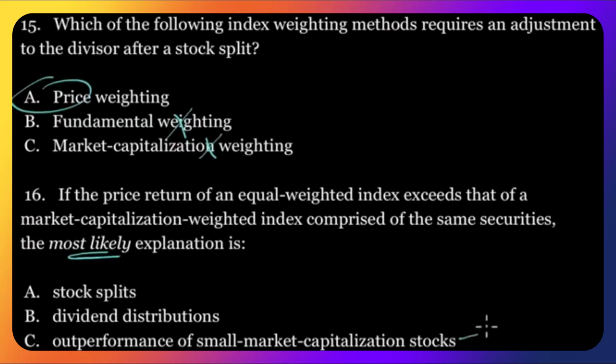You'd have to go with C. In a market cap weighted index, these would have very low weightings. But in an equal weighted index, they would have higher weightings. So if they outperformed with higher weightings, the equal weighted index would give them a higher weighting, and its return would be greater than the market cap weighted return.